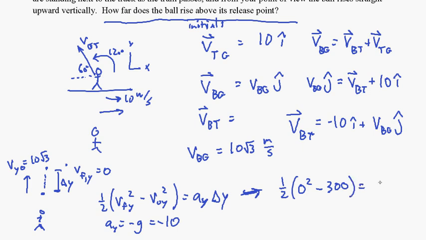And that's going to equal acceleration y, which is negative 10, times delta y. And so what you'll get is delta y equals 15 meters. So the ball rises 15 meters above its release point. If you use 9.8 for g, then a tiny bit higher. Whatever. That's problem 6.